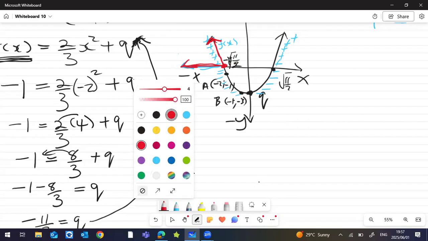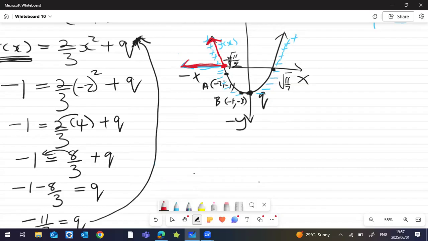The function is positive from minus the square root of 11 over 2 going to the left-hand side, and the x values there are negative.